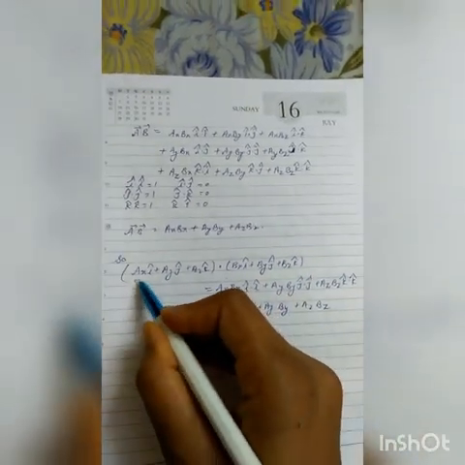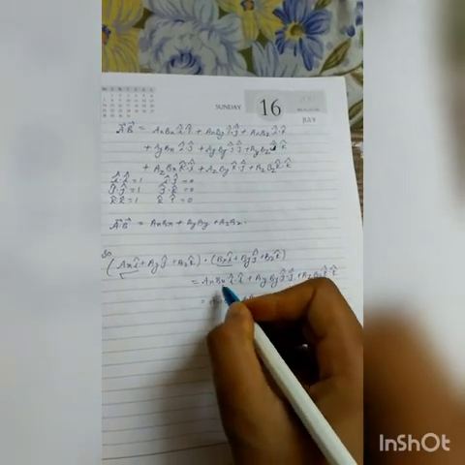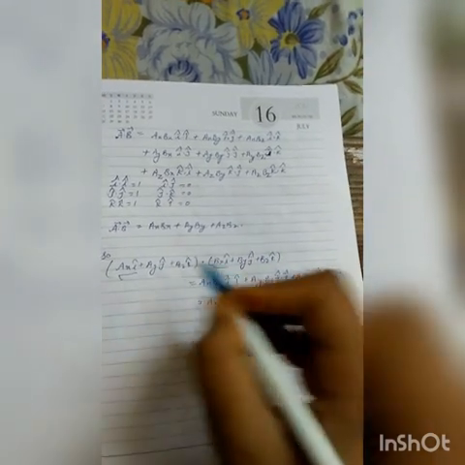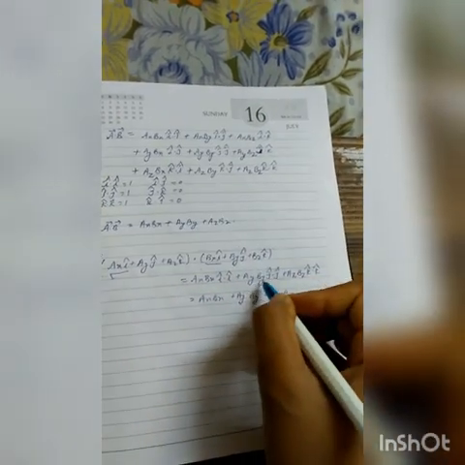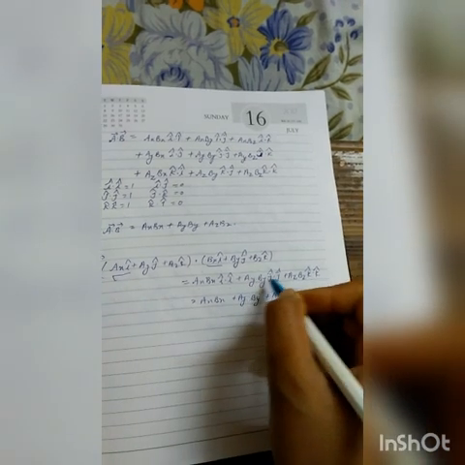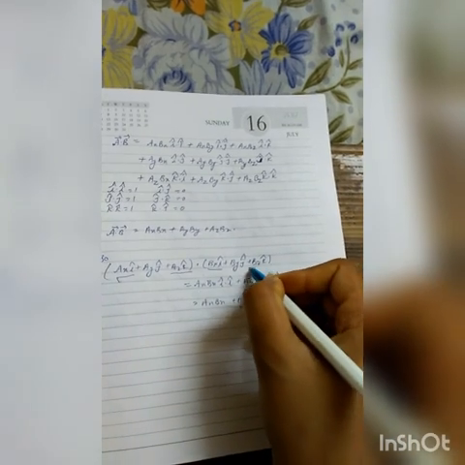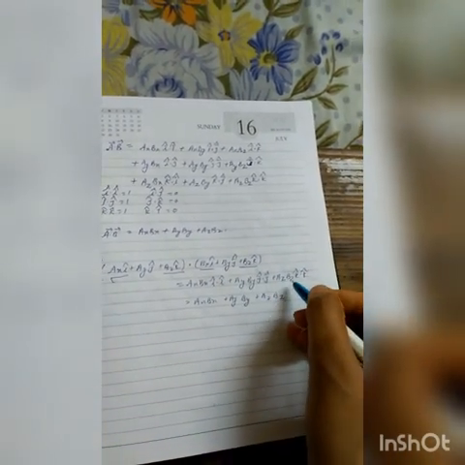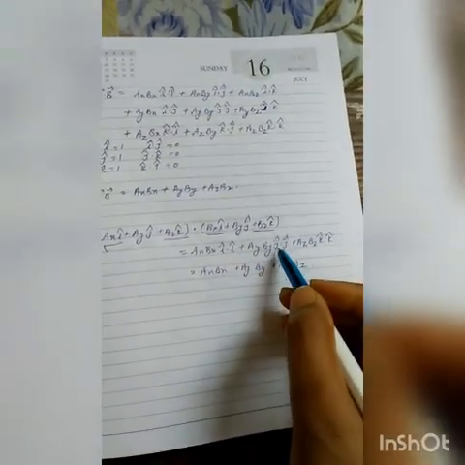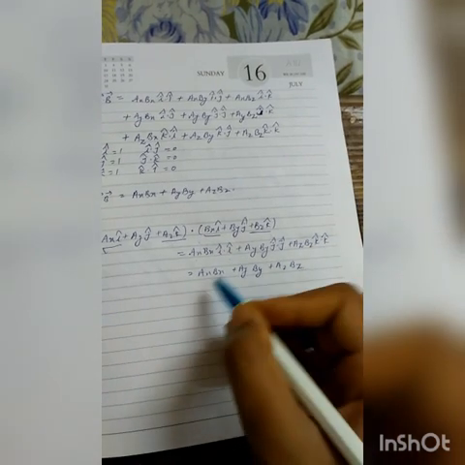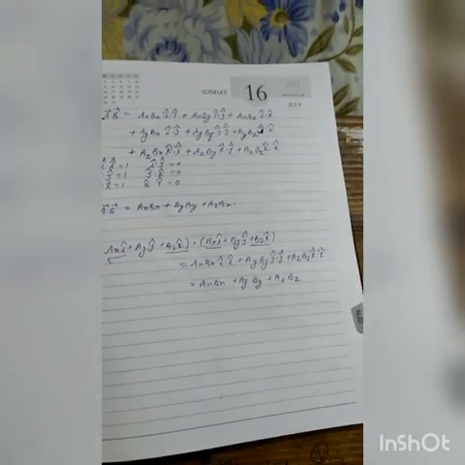So we get AX I unit vector dot BX I unit vector, which gives AX BX I dot I. AY J unit vector dot BY J unit vector gives AY BY J dot J, and AZ K unit vector dot BZ K unit vector gives AZ BZ K dot K. We know that I dot I is 1, J dot J is 1, K dot K is 1. So AX BX plus AY BY plus AZ BZ, right?